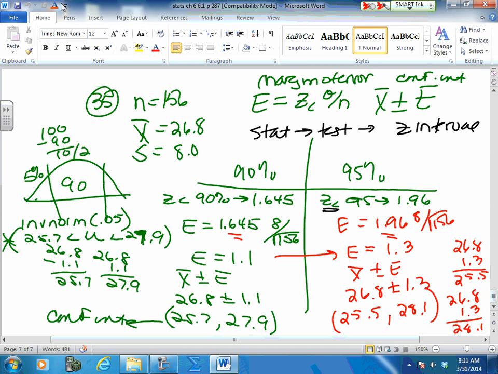There's my upper end. Notice it's wider. If you don't see that it's wider, put it on the number line. You want to be 95% confident that your population mean for this wheat falls between 25.5 and 28.1. Okay?